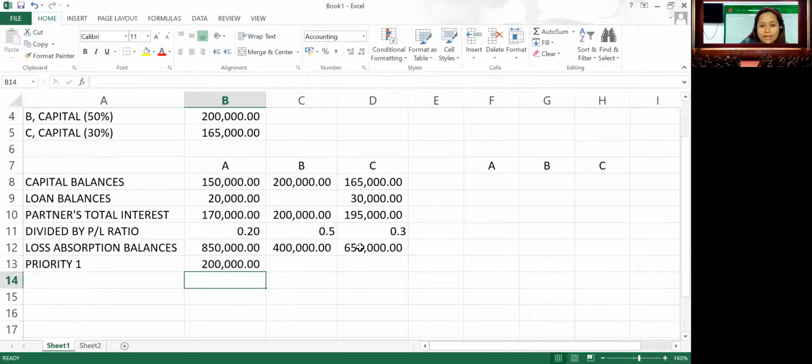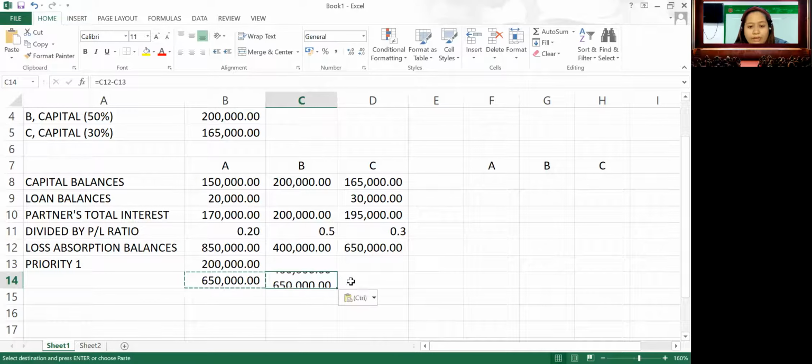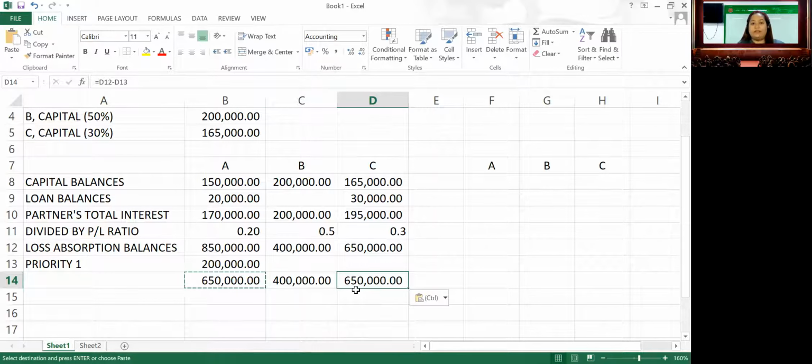Okay, so in this case, the difference between the two is 200,000. So we have to deduct 200,000 from 850,000. So we have here now 650,000. And that 650,000, after po i-deduct natin yun, if you will notice, partners A and C balances are the same already.